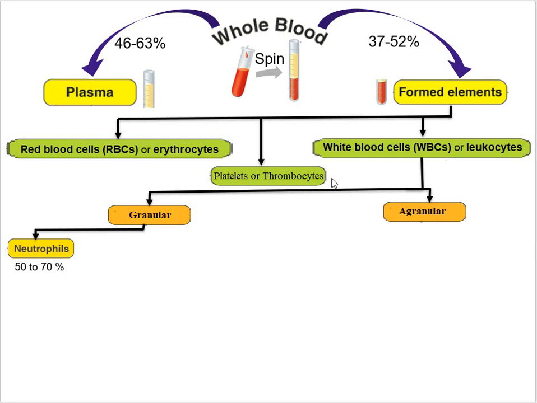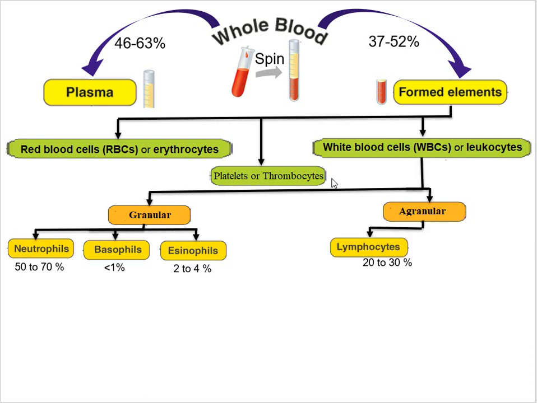Granular cells include three types: neutrophils, basophils, and eosinophils. Neutrophils are 50 to 70%, the most numerous type of white blood cells. Basophils are less than 1%, eosinophils are 2 to 4%. Agranular cells, the cells that don't have granules in their cytoplasm, are lymphocytes and monocytes.